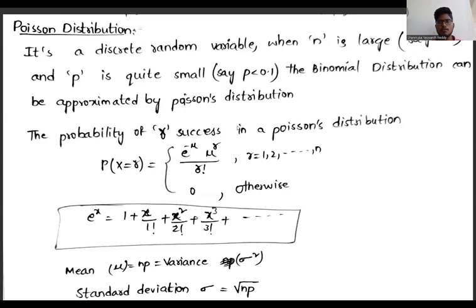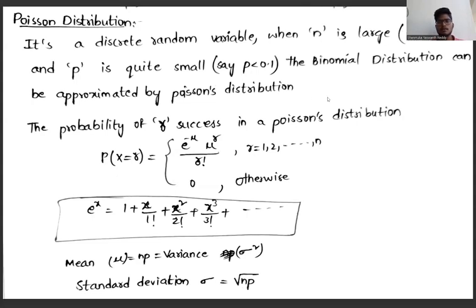It is the evolved form of binomial distribution, because in binomial distribution we calculate for small values, but here the value of n is large, say 30, and the value of p is considerably low compared to n. So if we want to calculate the binomial distribution for such cases, we use the Poisson distribution as an approximation for binomial distribution.